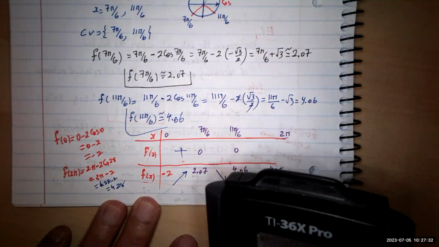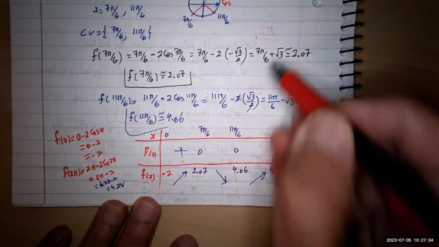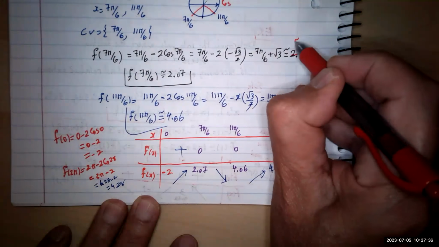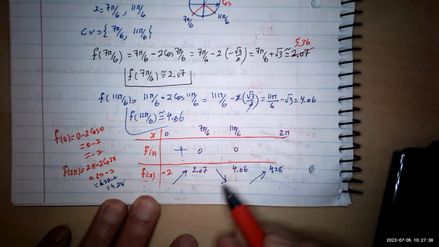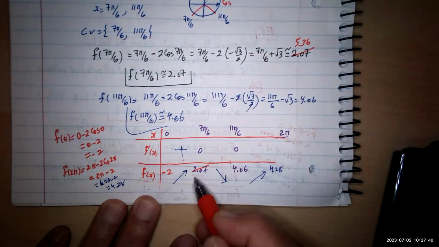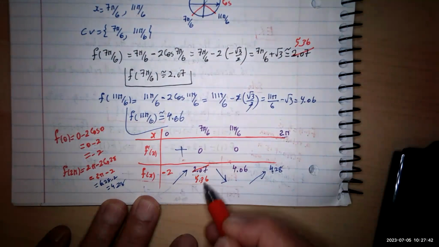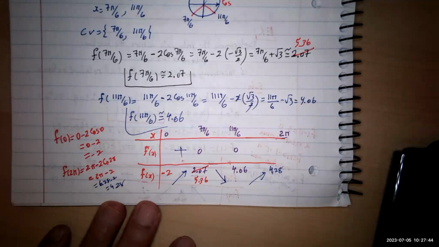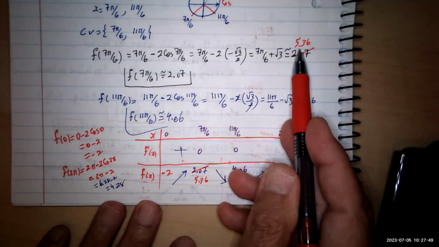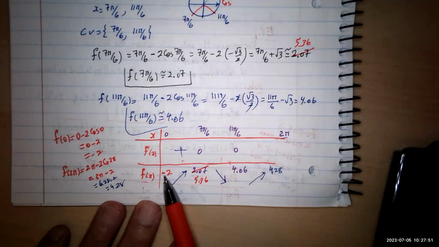Excellent. 5.36. Excellent. So that would be 5.36. Now that makes sense. Yeah, so that was wrong. Check it with your calculator. 5.36. So that's going to be the case.